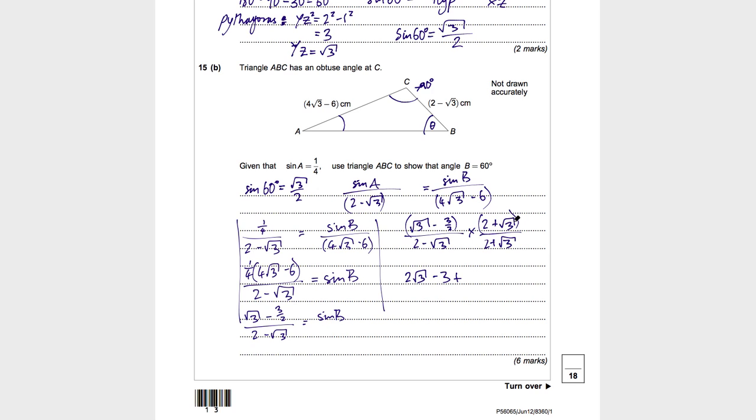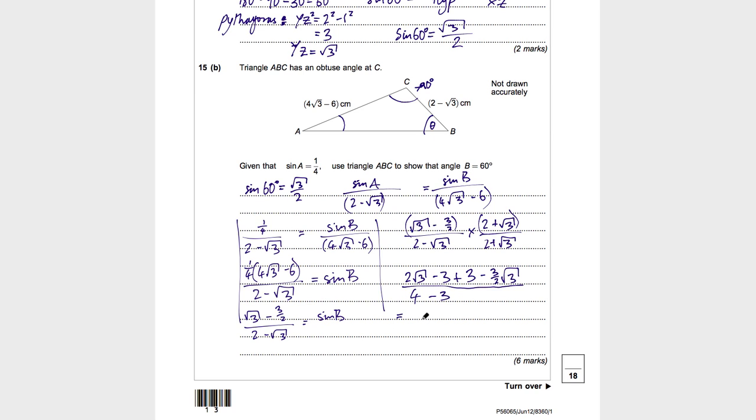Well, as I say, plus 3√3, so that's plus 3 minus 3/2 √3, all over 2 times 2 is 4, plus 2√3 minus 2√3. They cancel out, that's why we did them in the first place, minus 3.